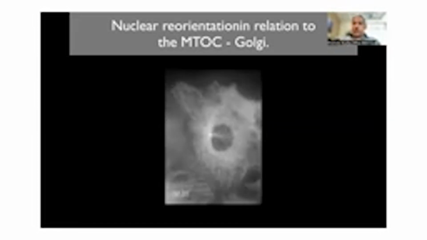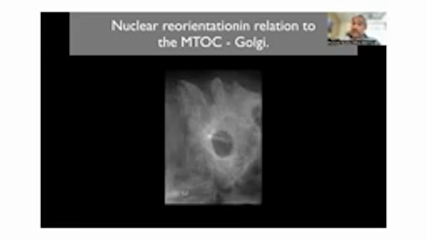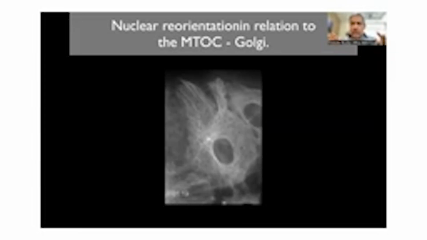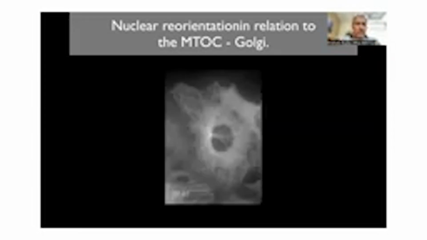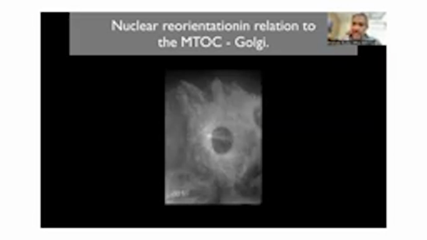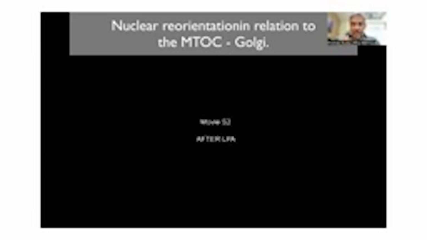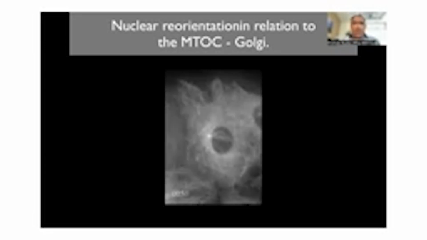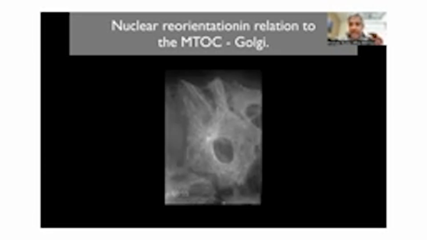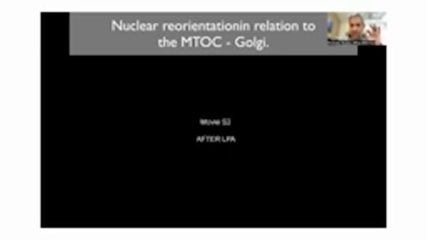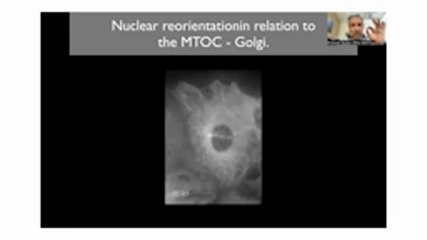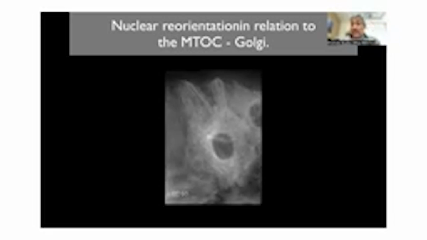And you can see the nucleus in a cell that is migrating. I'm not getting into what this movie essentially means. This is a cell that is responding to a particular stimulus and is beginning to migrate. Here, what you need to look at is, can you see that spot? That's where the microtubules are beginning from.